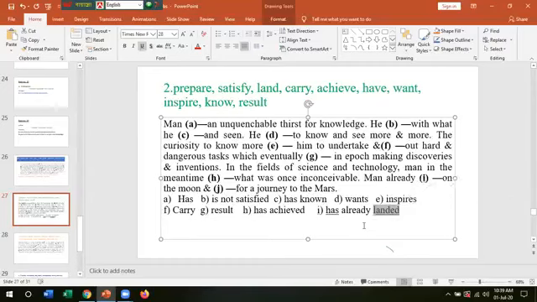Don't underline already. Has already landed. Man has already landed on the moon and is preparing for a journey to Mars.